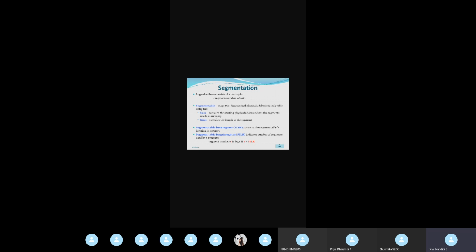Then if you want to access the fourth element in the segment, starting address is 100, I want to access the fourth element. So the offset value will be 4. Okay, then 100 plus 4, 104, that element will be accessed. Okay, likewise, we'll be giving the offset value.